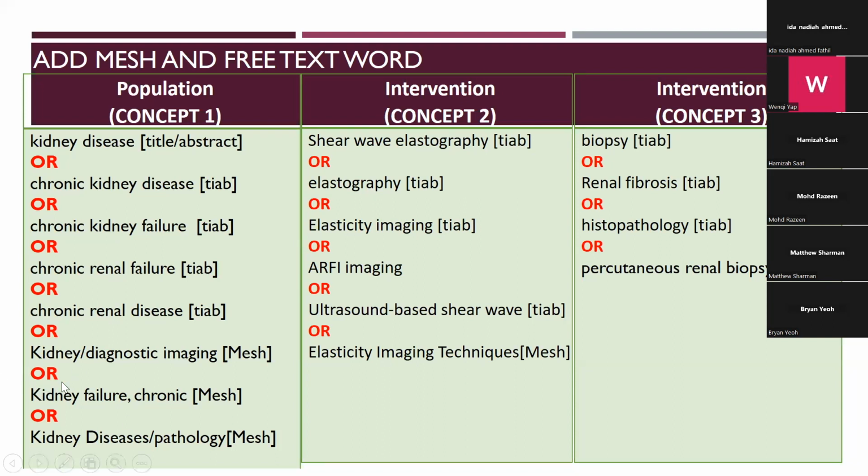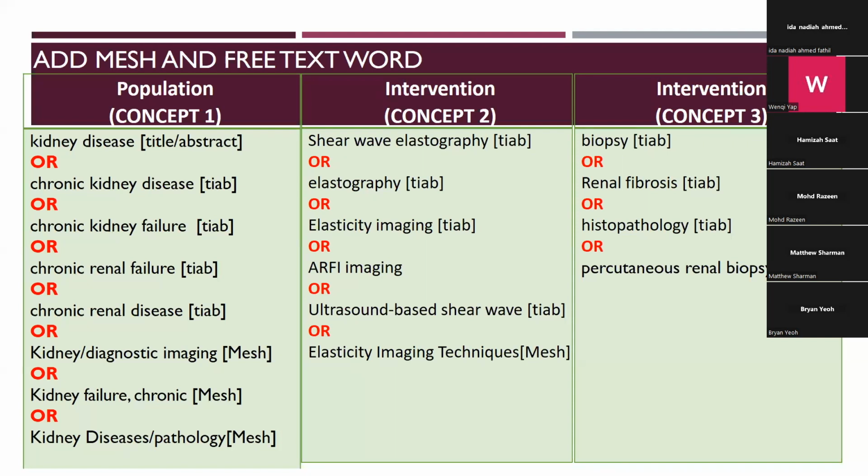Okay, and then why do we combine the title abstract and also medical subject heading? Because title abstract, we want the system to capture papers based on the title abstract. If we don't put title abstract and we put all fields, then you might notice that kidney disease will only be in your reference section.